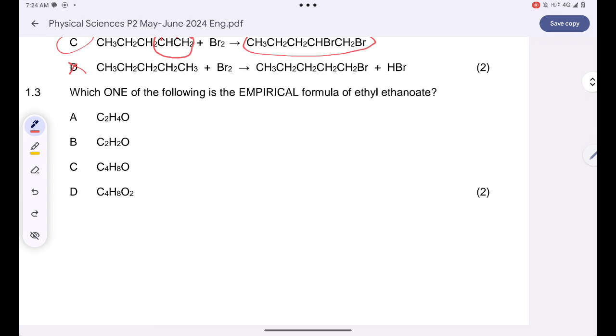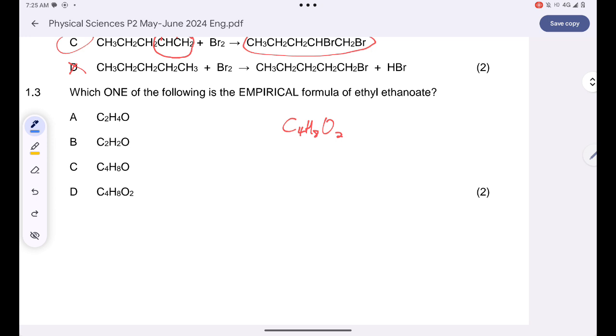Which one of the following is the empirical formula for ethyl ethanoate? The molecular formula for ethyl ethanoate is C4H8O2. Please note that the subscripts of the empirical formula are half of the molecular formula.